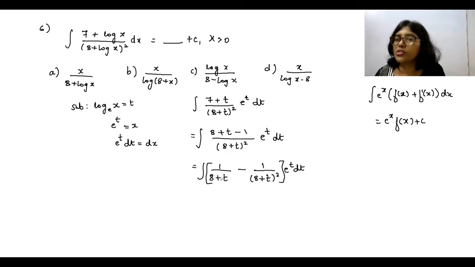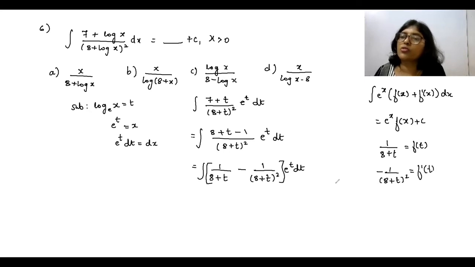So over here if you observe, 8 plus t is a function. 1 upon 8 plus t is a function. You can say it is ft. And if we differentiate this, it is minus 1 upon, and then we differentiate 8 plus t again, but that's 1. So this is f dash t. So our answer will be e raised to t into the function which is 1 upon this.